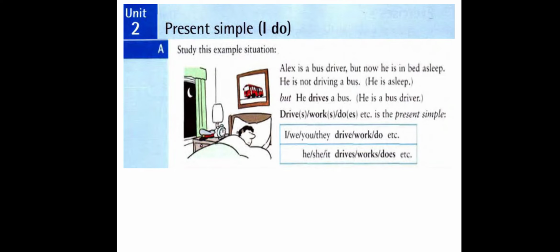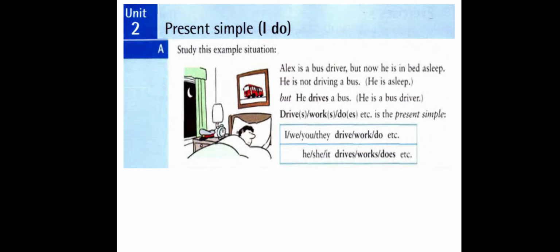If we say he does his homework every day, does here, do is a verb, and because it is a present simple with a singular subject, we add es because it ends with o.